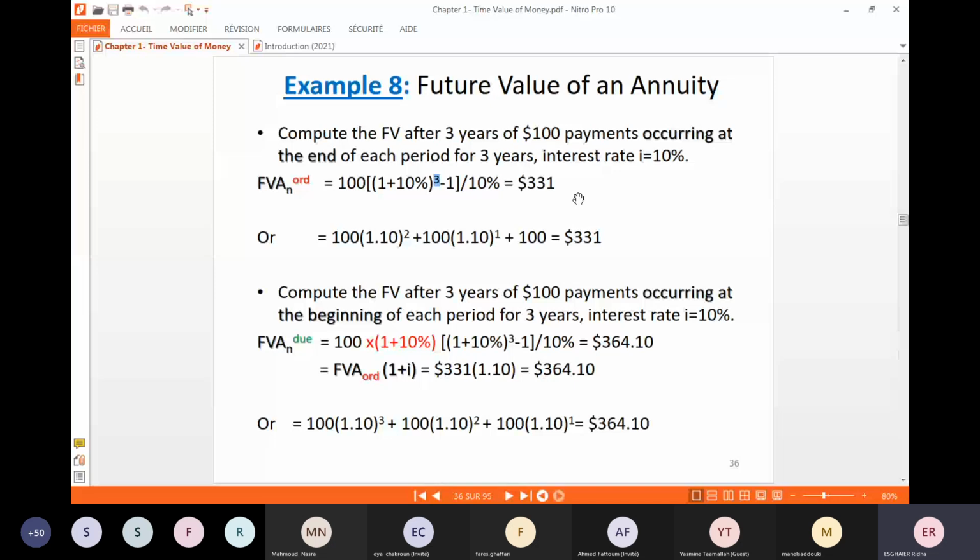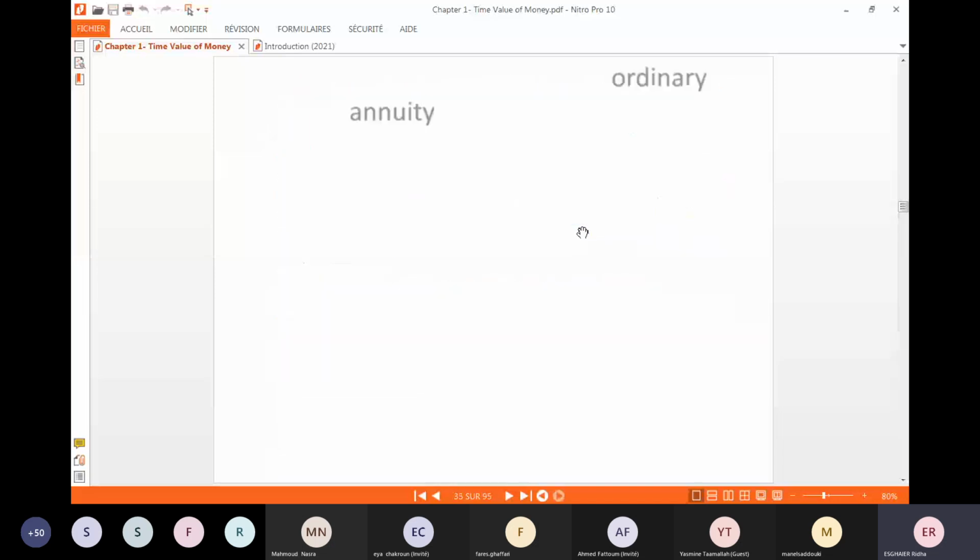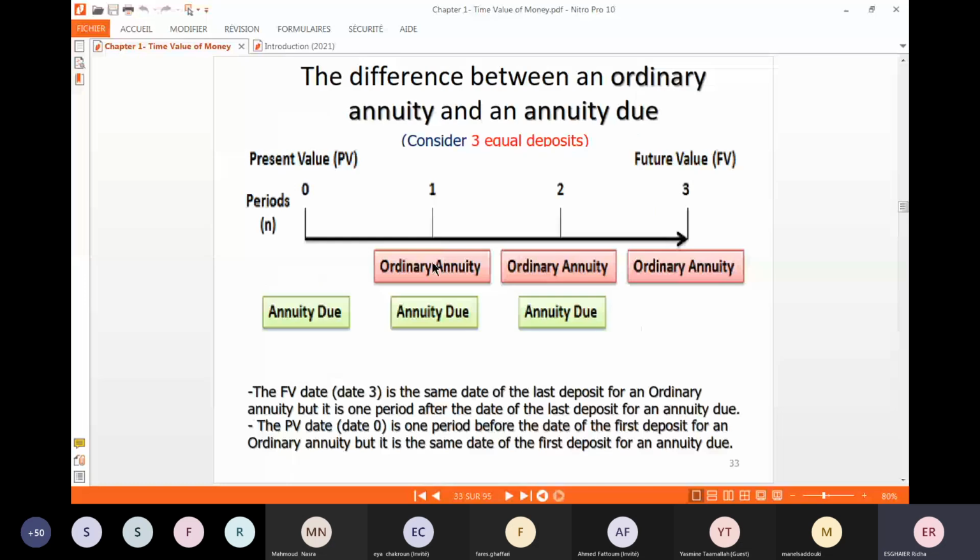Or if you have 3 deposits of 100 each, suppose this one is 100, this one is 100, this one is 100. Since we have a limited number of deposits, we can compute the future value of each deposit separately.